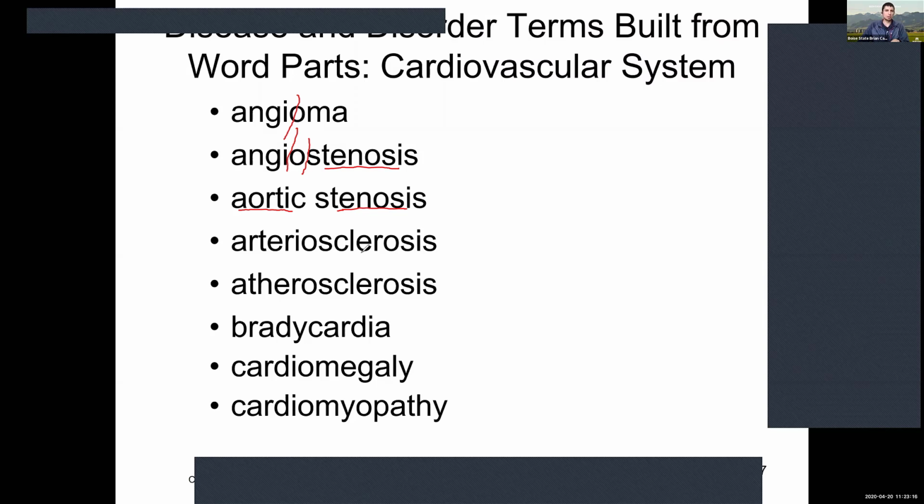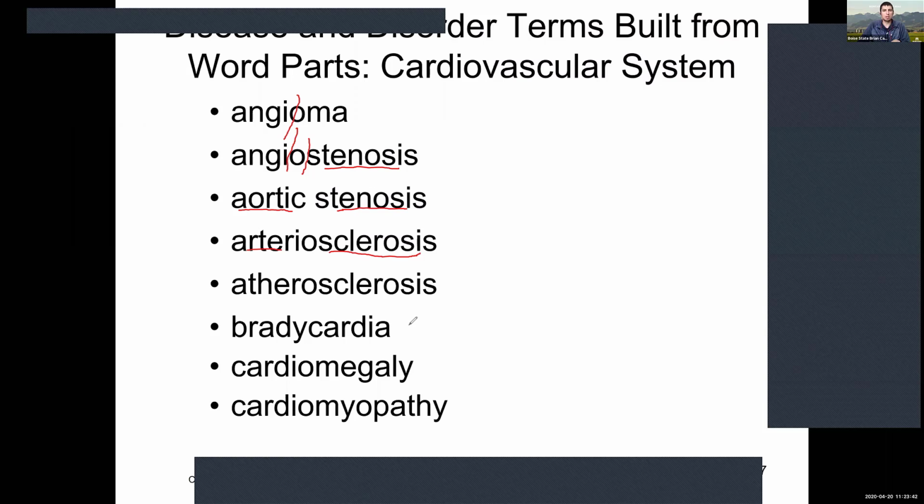We just learned about sclerosis, meaning a hardening, so sclerosis is a hardening of the arteries. And then athero, remember that athero is that plaquish formation, that hardening plaquish formation. So if we have atherosclerosis, you've got that hardening of the plaque inside of the vessels.